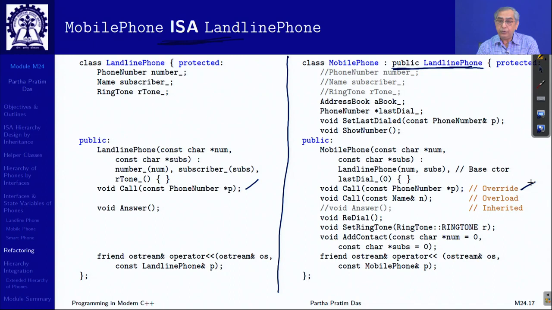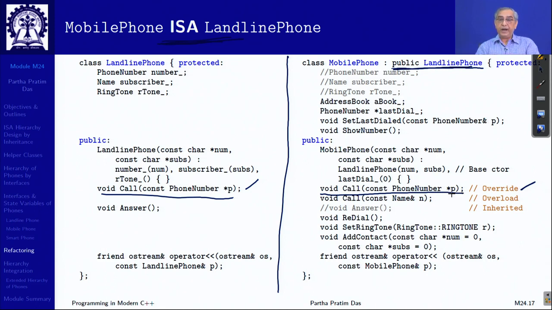But the way to call will be different. The internal implementation of the call will be different. So, I cannot use the implementation of this function in terms of the call in the mobile phone.